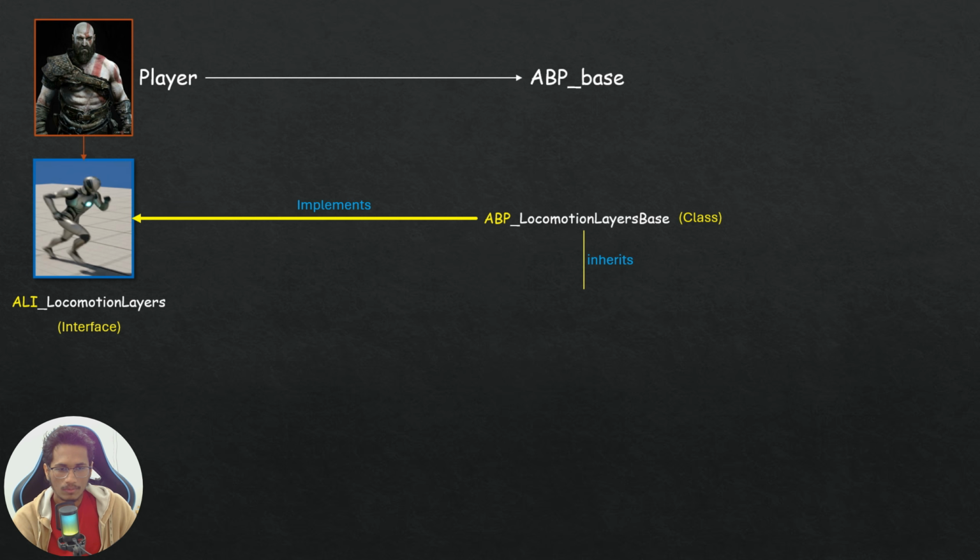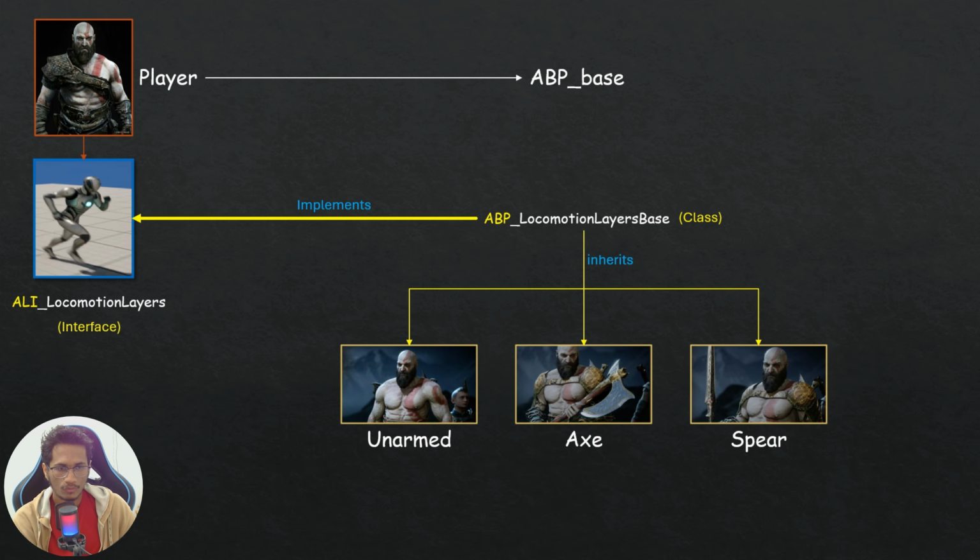Each weapon will have a child animation blueprint inheriting from this base class. This will allow animators to slot the animation and adjust variables per weapon. So this is just a visual demonstration of how the implementation is going to work out.